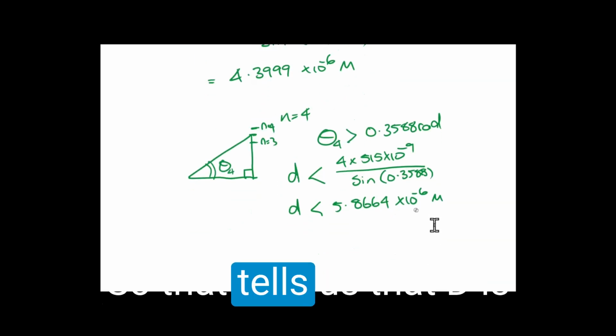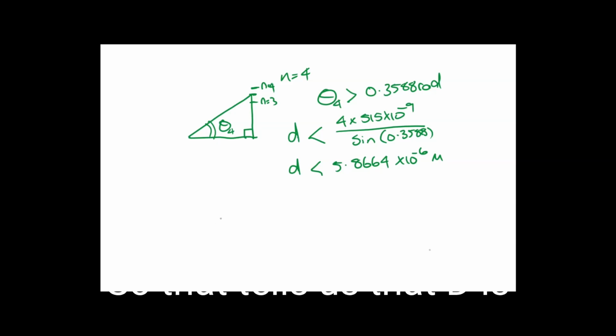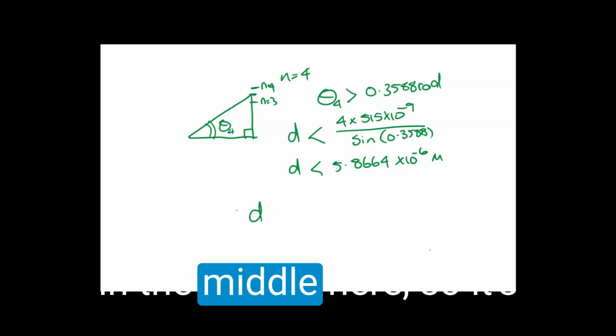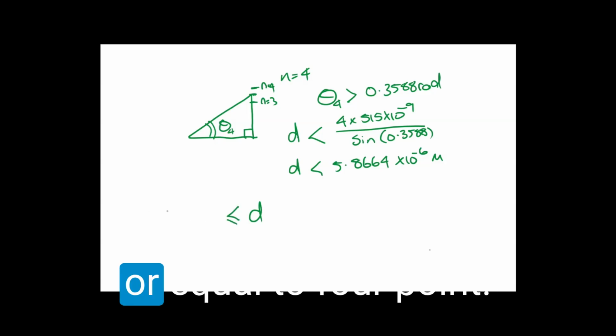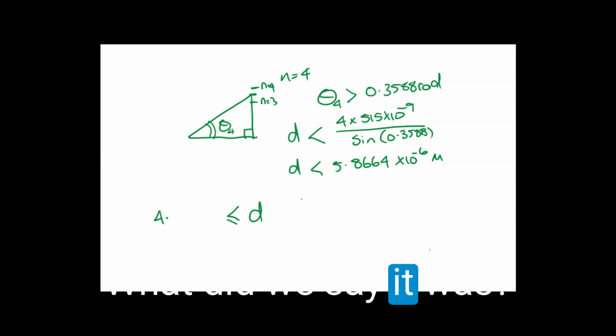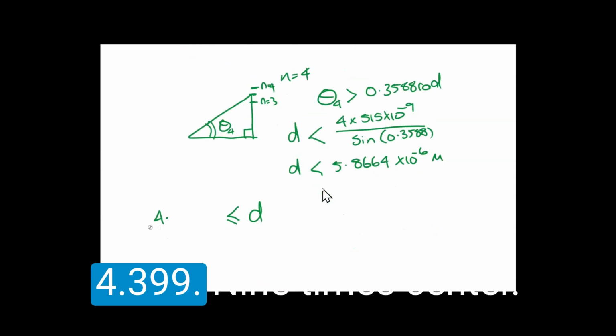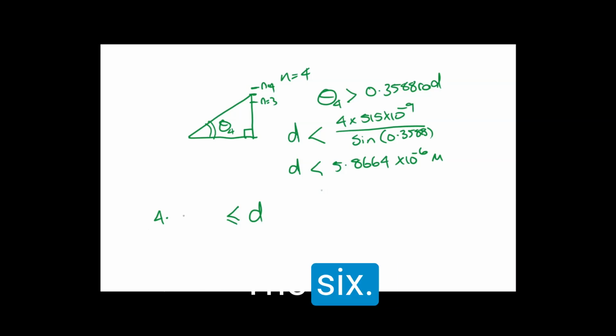So that tells us that D is in the middle here, so it's got to be greater than or equal to, what did we say it was, 4.3999 times 10 to the negative 6.